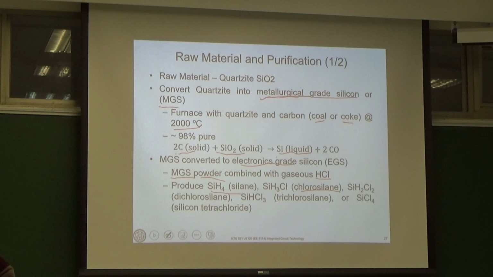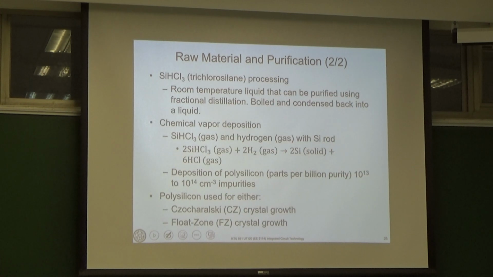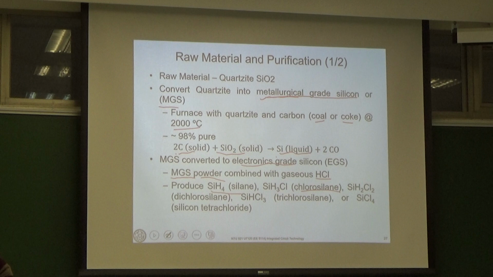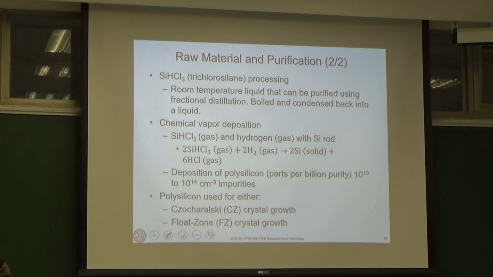We put in this trichlorosilane, or this kind of silane, and at room temperature they are in liquid form. So we can further purify it by distillation. We can boil it and condense it back to a high purity liquid of silicon.